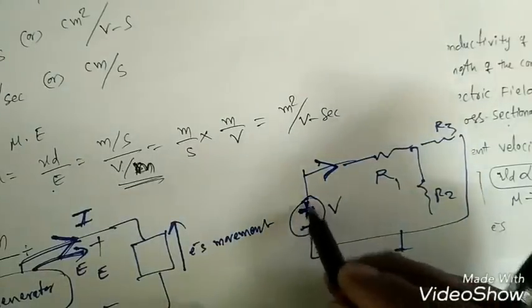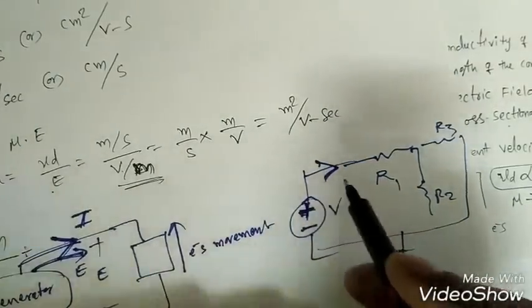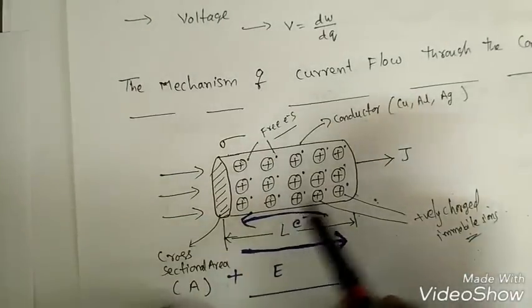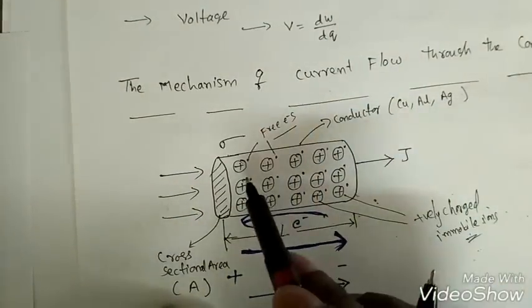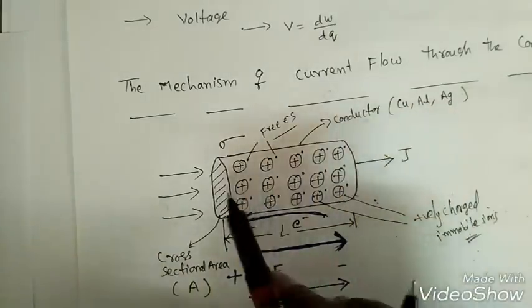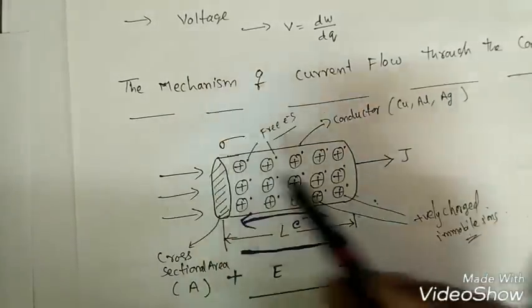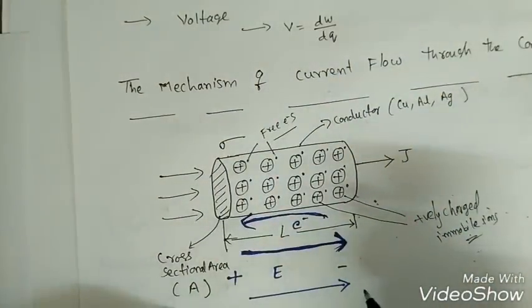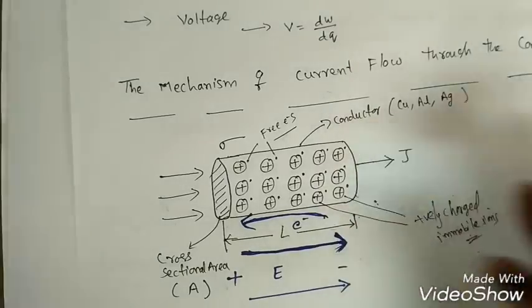So remember this point: always out of the positive terminal. The reason is what we mentioned here: when we apply an electric field, the electrons will try to oppose it, so the movement of the electrons will be opposite to the applied electric field, right? So that is about the current direction.